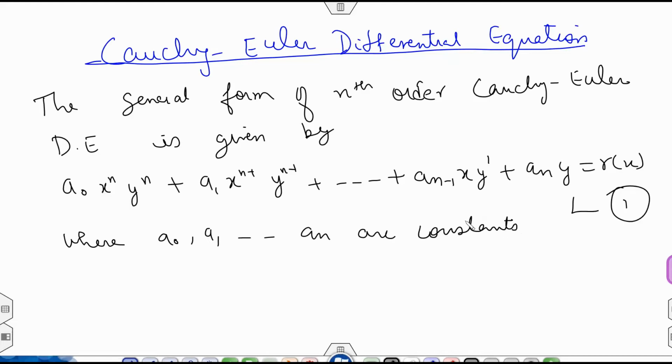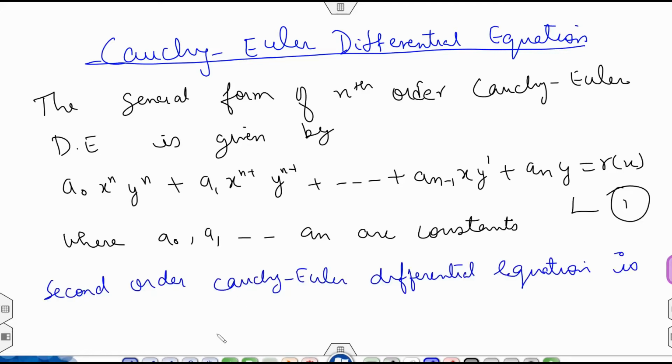Now here we will describe only the second order differential equation. The second order Cauchy-Euler differential equation is given as a naught x square y double dash plus a1 x y dash plus a2 y equal to 0.